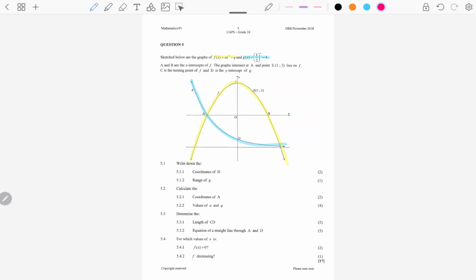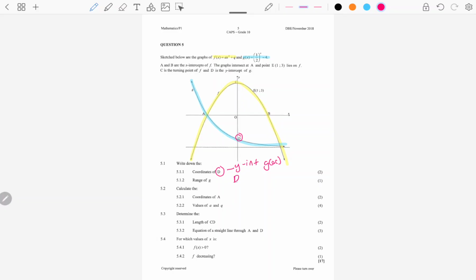Now for 5.1.1, they want us to write the coordinates of D. And as we can see, D is the y-intercept of g of x. So if D is the y-intercept of g of x, that means the x value is 0.